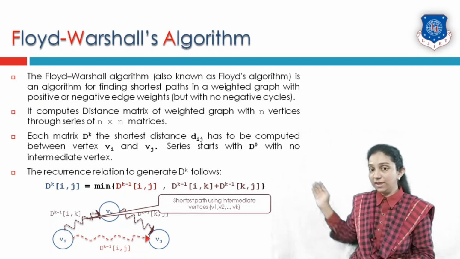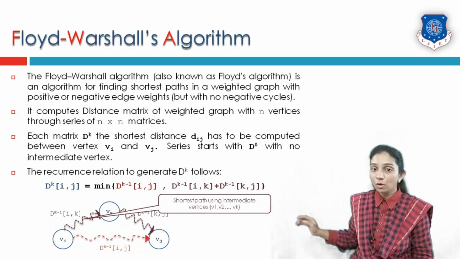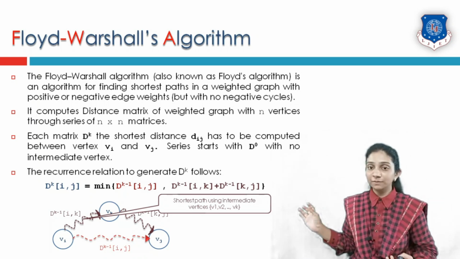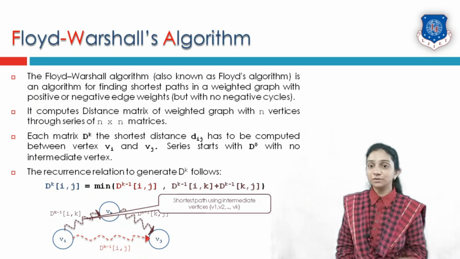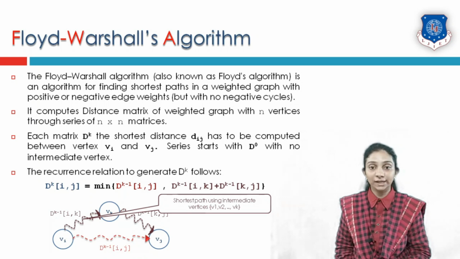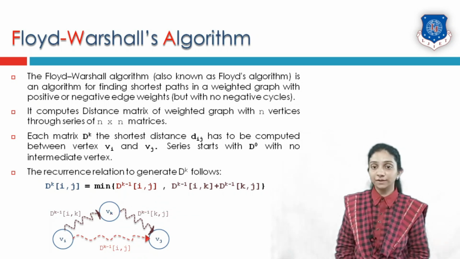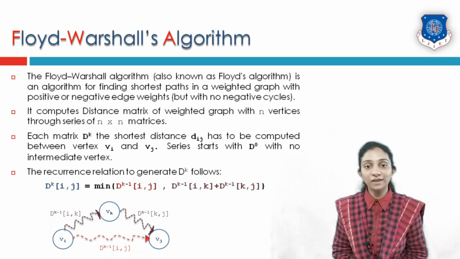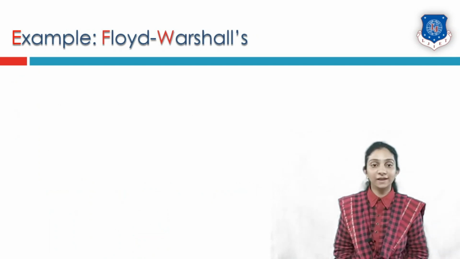So whichever of these is minimum, that is, D of i comma j or D of ik plus D of kj, will become my new distance, which may or may not include vk. The working of this algorithm will become clearer and this formula will be easier to remember after working through an example.